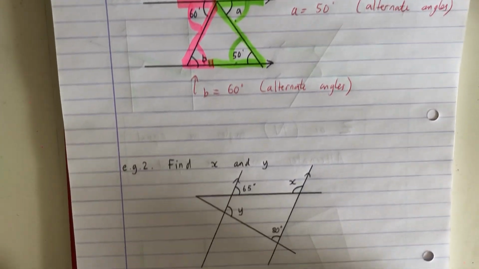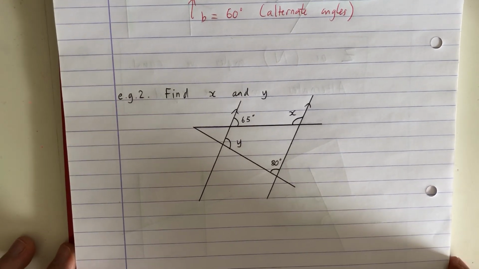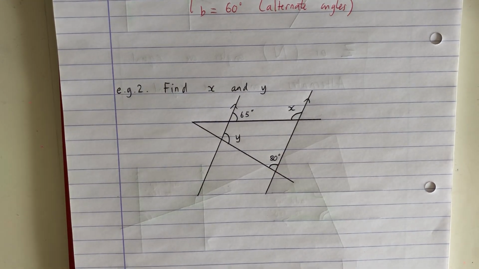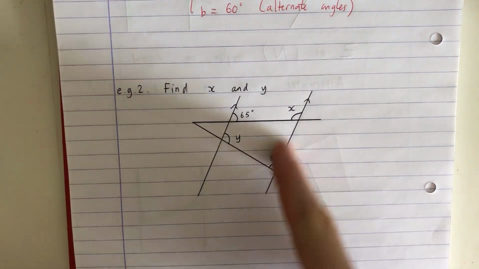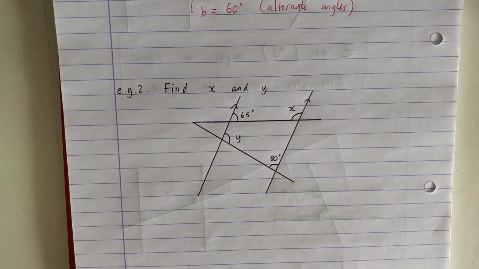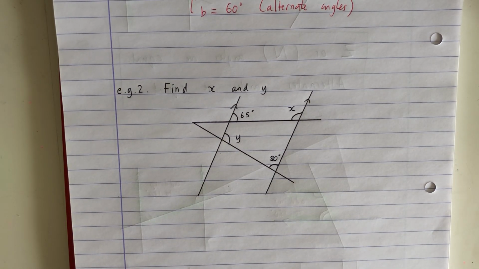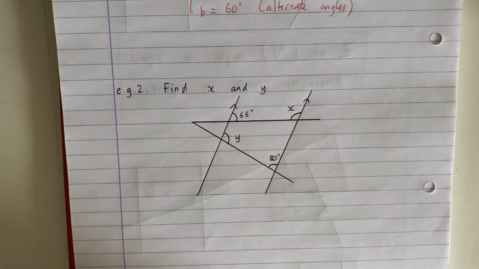Example number 2. Okay, find X and Y. Again, we've got some parallel sides, got some lines intersecting, and we're looking for Z angles or U angles. So I always told you to work them out in alphabetical order, so we can work out X first.